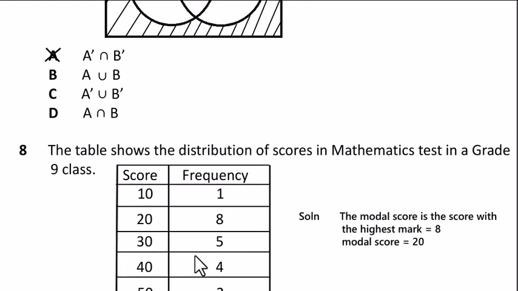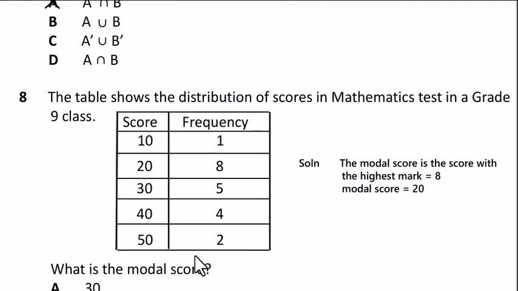Then question number 8. The table below shows the distribution of scores in a mathematics test in a grade 9 class. We have the score, then the frequency. We are asked what is the mode score.